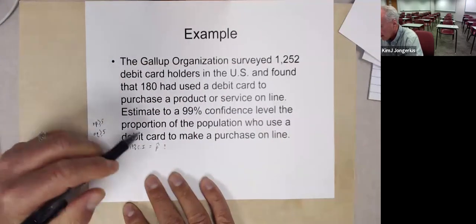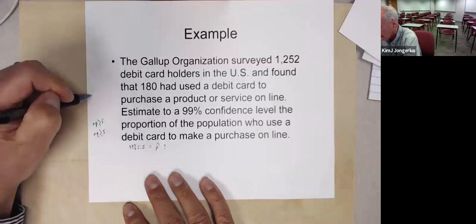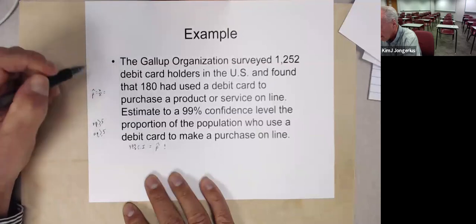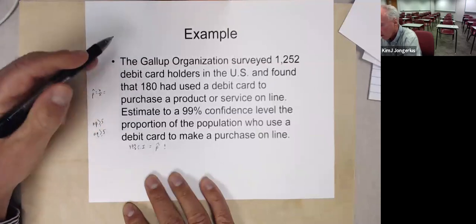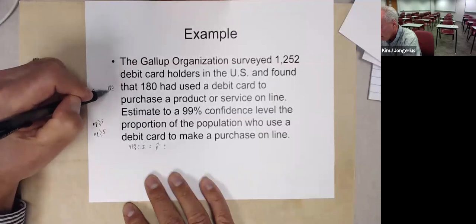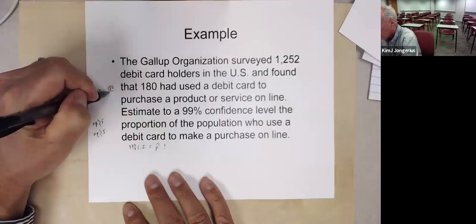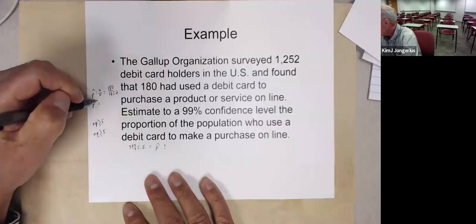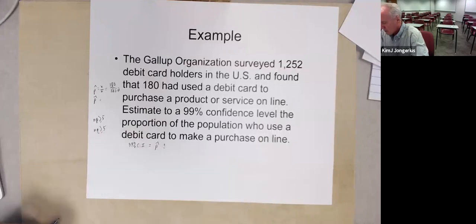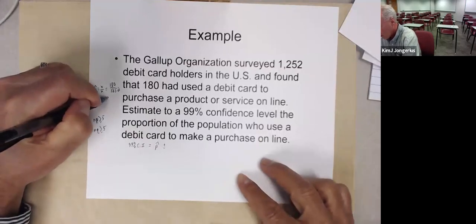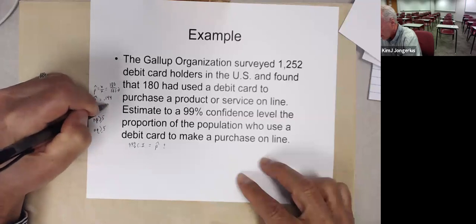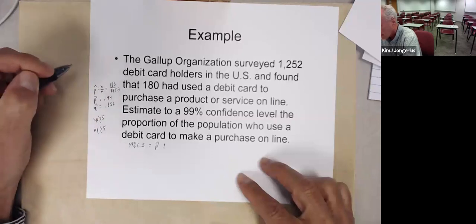To show that, I really need to take that sample proportion, p hat, which is x over n, x being 180, divided by 1252. That sample proportion, in this case, is going to be 0.144, which means q hat will be its complement, 1 minus that, so q hat would be 0.856.